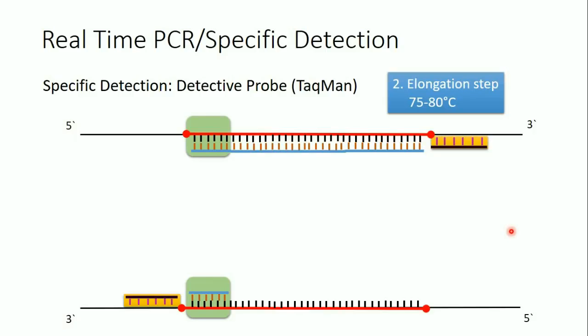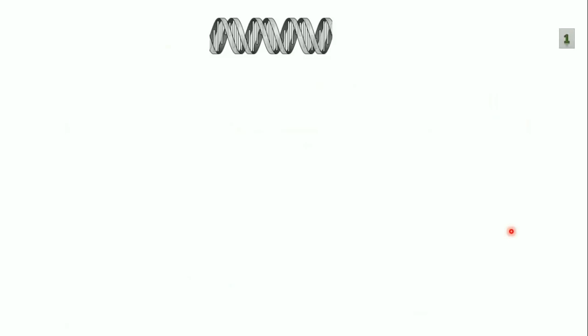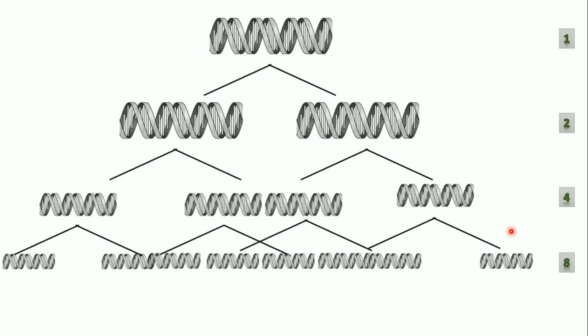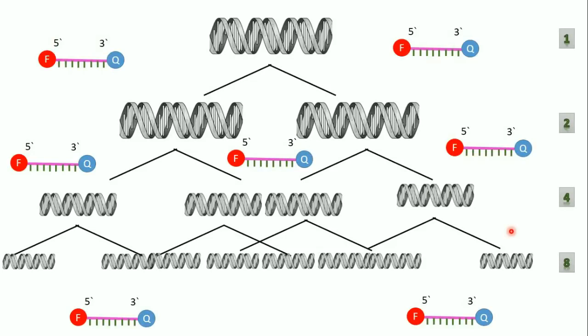Now, how does this work? Going back to the normal PCR, when we have the PCR, then we will get more and more sequences at each cycle. So let's say we have TaqMan in the medium. In each cycle, there will be more DNA sequences and more DNA strands, and then more probes are binding to the DNA, and more probes are degraded each time.